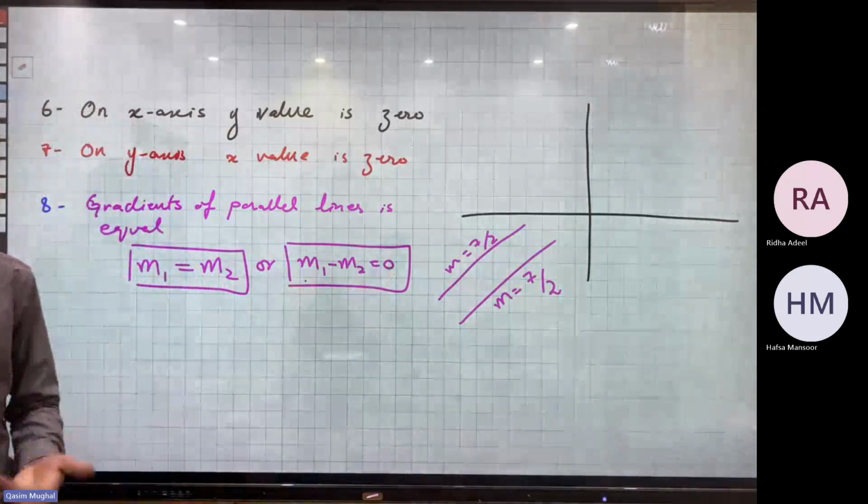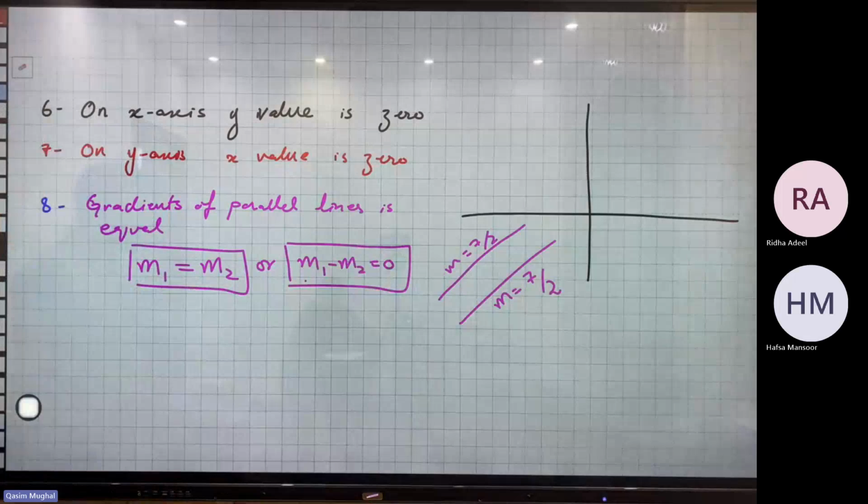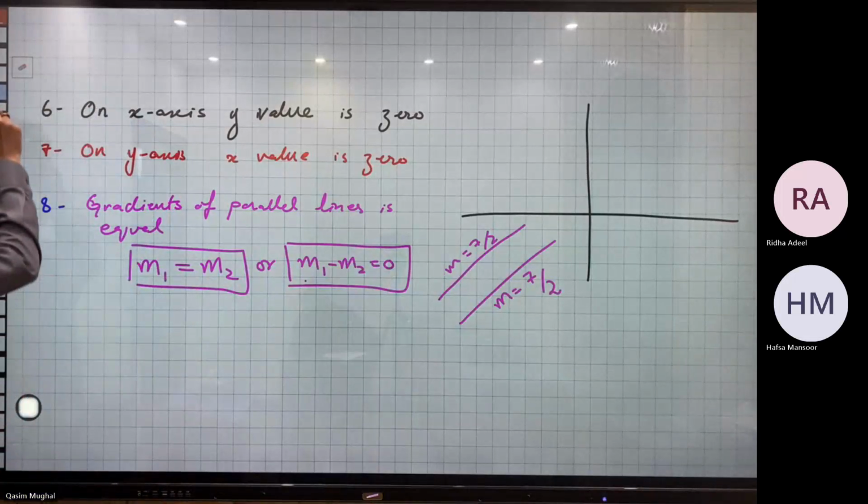So this is how you would be showing it to the examiner that the difference of the two gradients is 0. It means that the two lines are parallel.